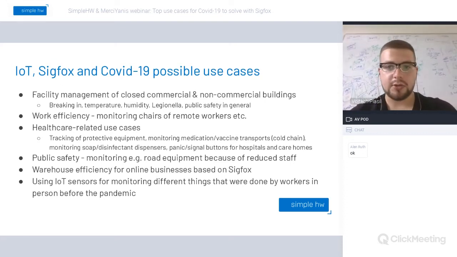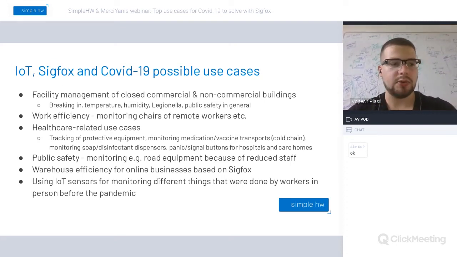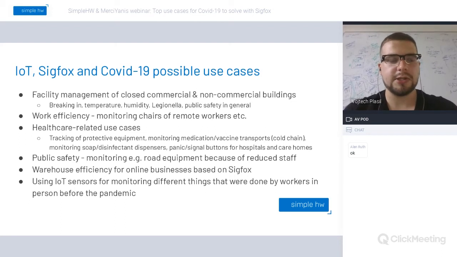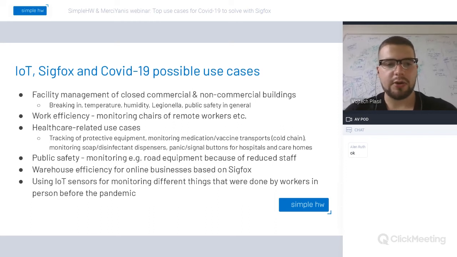Of course, you can do it like Amazon, who has the budget to create complete AI systems to manage this. But if you are a smaller business, then you can use Sigfox, let's say, not exactly a budget solution, but a cheaper solution with a good efficiency to increase the efficiency in the warehouse in general.